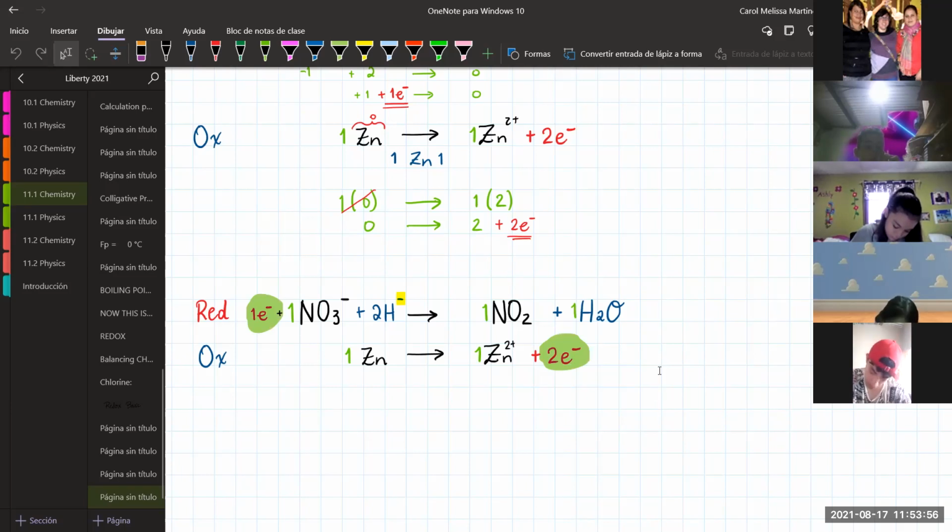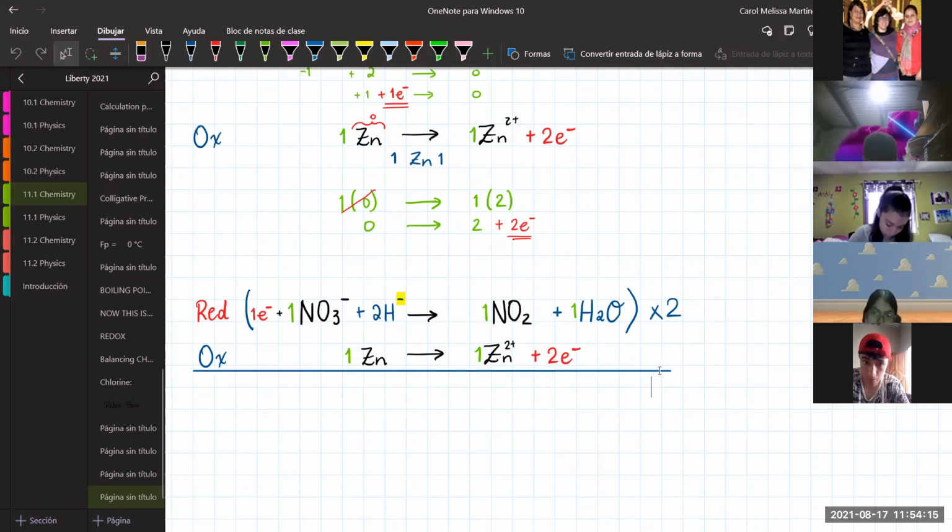So by what number do I need to multiply the first reaction in order to have 2 electrons? By 2. I need to multiply times 2. So my reaction is going to be this one, okay? My reduction, after multiplying times 2, is going to give me 2 electrons plus 1 invisible times 2 is going to be 2 nitrates plus 2H plus.